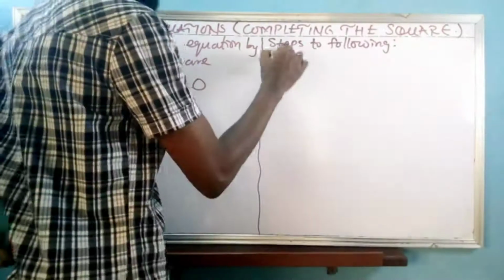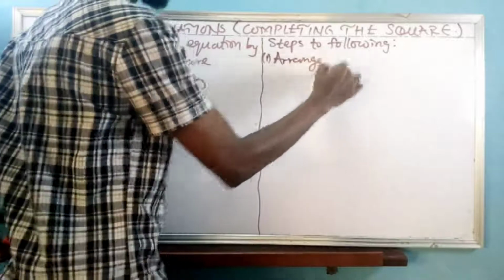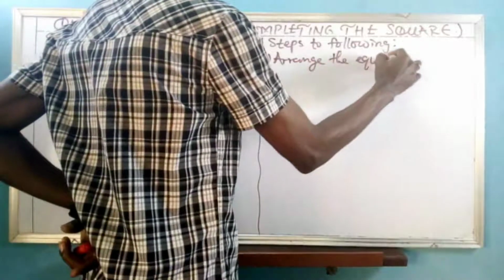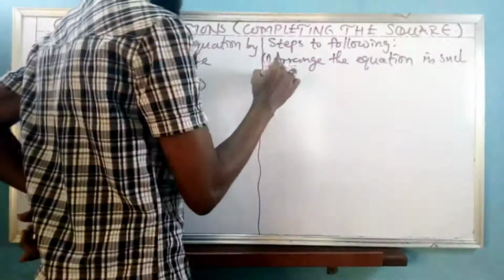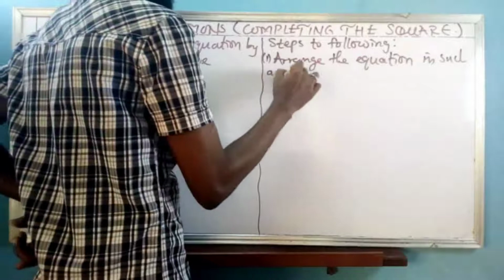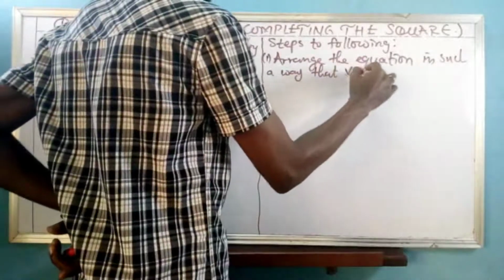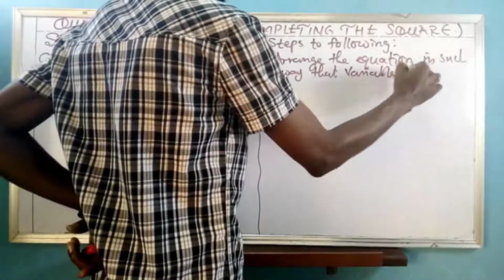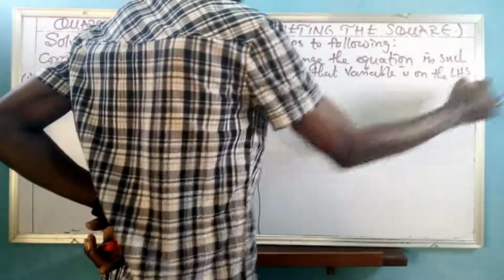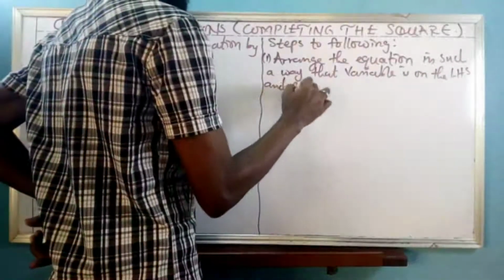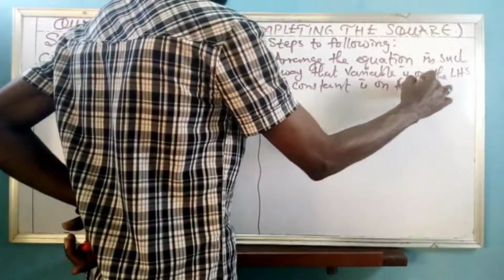The first thing is to arrange the equation in such a way that the variable, that is the one you're looking for, is on the left hand side and the constant is on the right hand side.